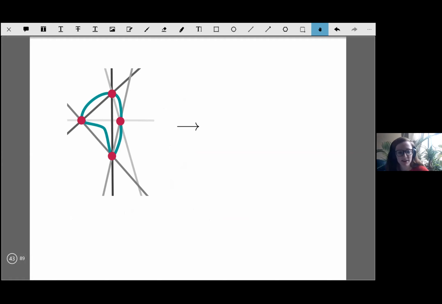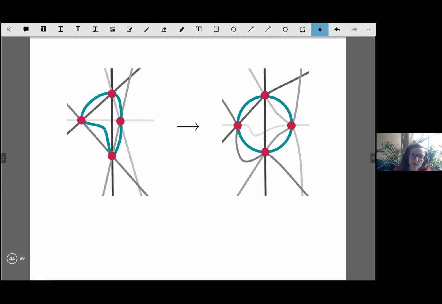Then by the strengthening of the Jordan curve theorem, there's a homeomorphism of the plane which moves the Jordan curve to the unit circle, and the line arrangement becomes a pseudoline arrangement. And so that shows that every visibility graph is a pseudo-visibility graph. And Streinu has proven that you can't go the other way around. Not every pseudo-visibility graph is a visibility graph.